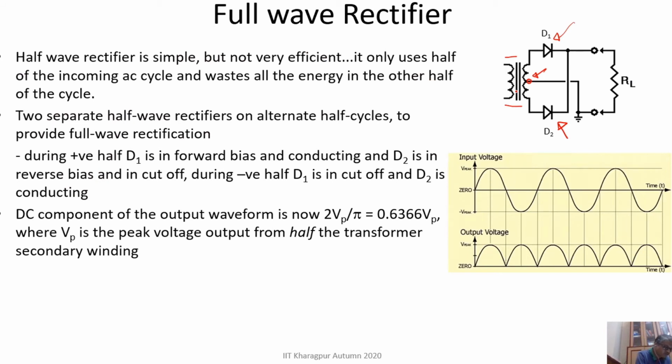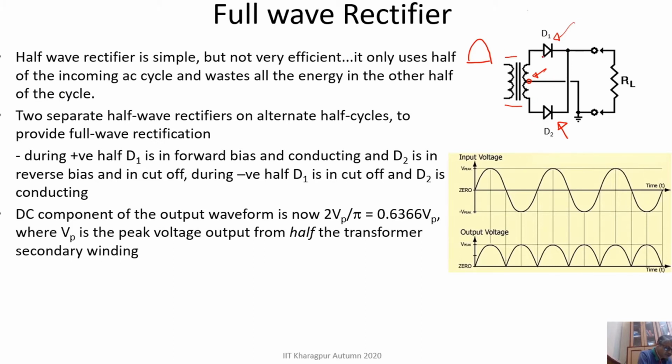If we go through the circuit operation, in the positive half, diode D1 is on. I'm not considering V gamma or the diode voltage drop; I'm just assuming that D1 and D2 are ideal.